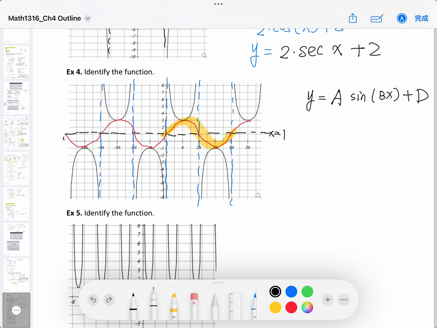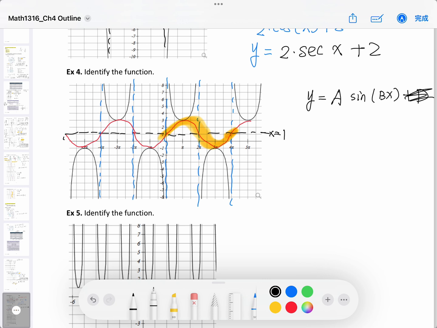So first, let's see, do we have any vertical shifting? No, because my one full cycle, so I highlighted, is from y is equal to 0 and then to y is equal to 0. No vertical shifting going up or down. So I can erase the d. And how about the a and the b?